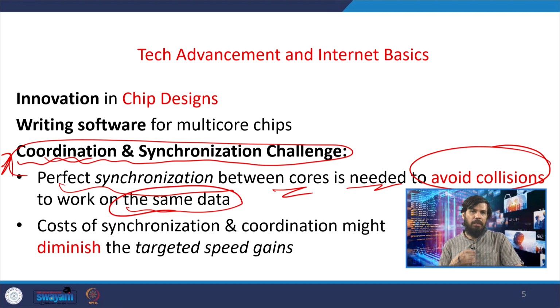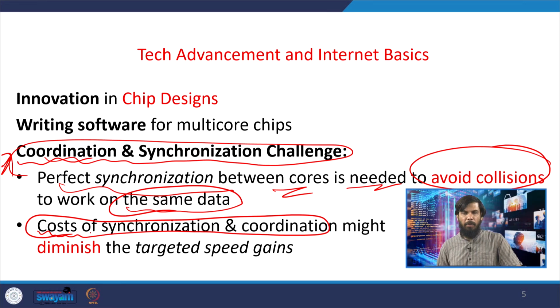This will increase the overhead. When this increases the overhead, what happens to the cost of synchronization and coordination? You have the multi-core chip architecture, but there is a cost incurred when we write software in such a manner that it ensures synchronization and coordination, because we need to avoid collisions when working on the same data.